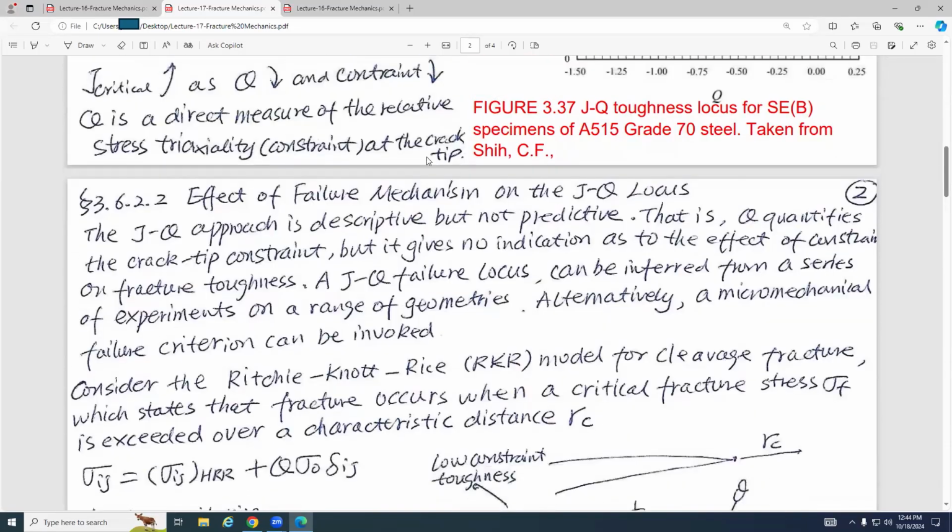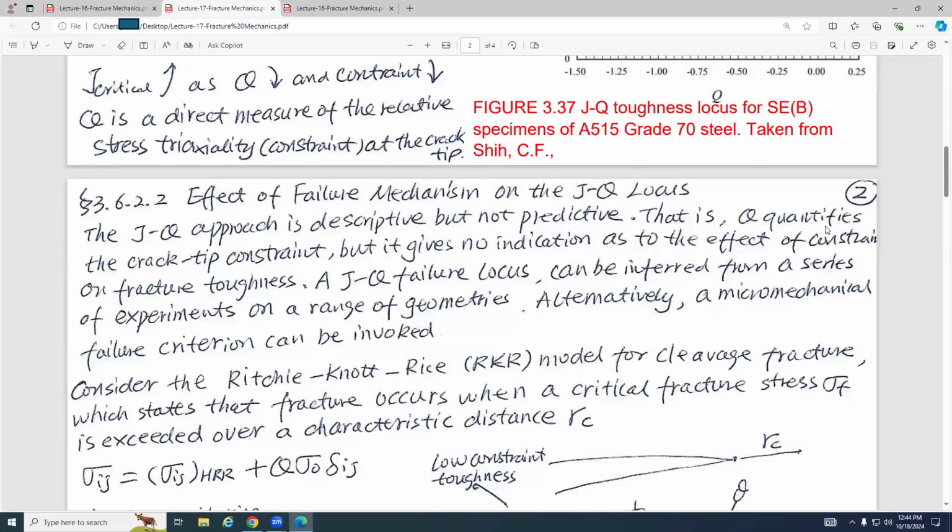The effect of failure mechanism on the JQ locus. Different failure mechanisms have different effects on the JQ locus. The JQ approach is descriptive, but not predictive.